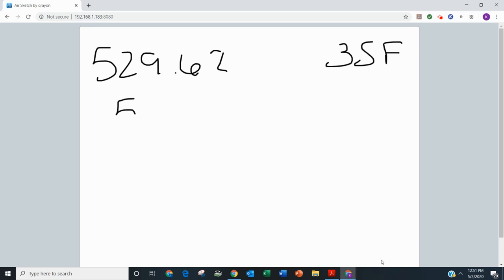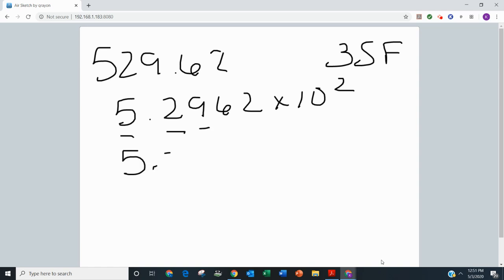So scientific notation, 5.2962, and this is times 10 to the second. And then looking at 3 sig figs, 5.30 times 10 to the second, and that has 3 sig figs. So if you always put it in scientific notation, you will always end up with the correct answer.